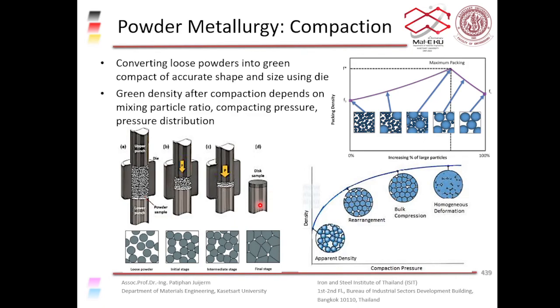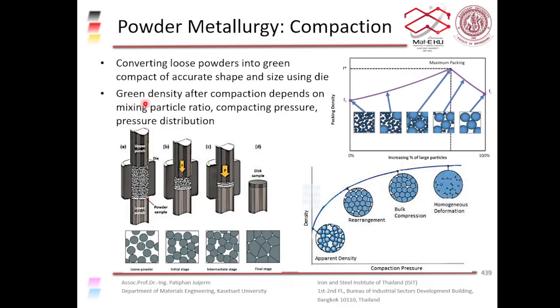It looks like the product that you want, but it doesn't have the strength yet. For example, if you press on it with your hand, it will just disintegrate. So basically, no strength at all. It has high enough strength to hold the shape, but not enough to withstand any external load at all. That's the green compact.